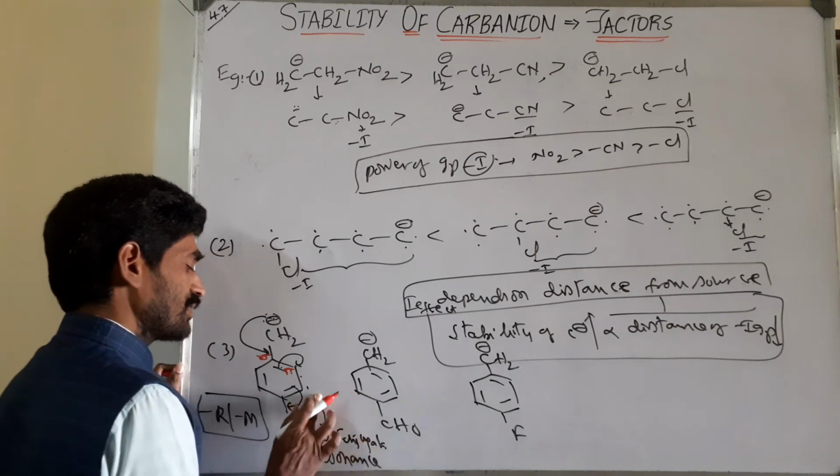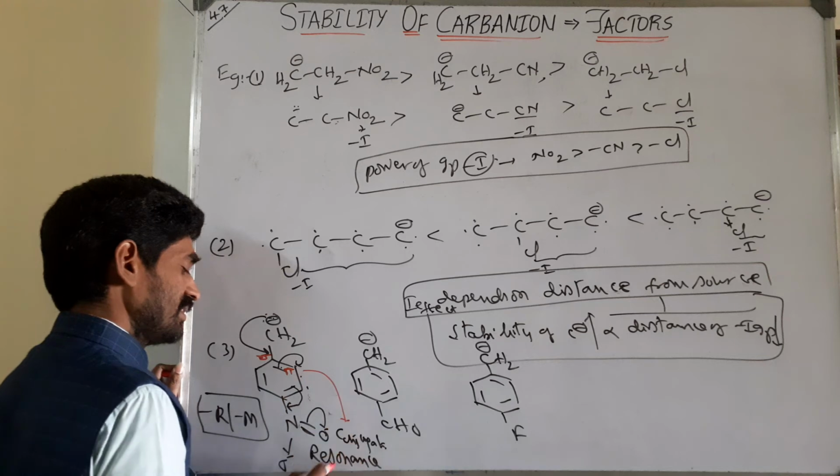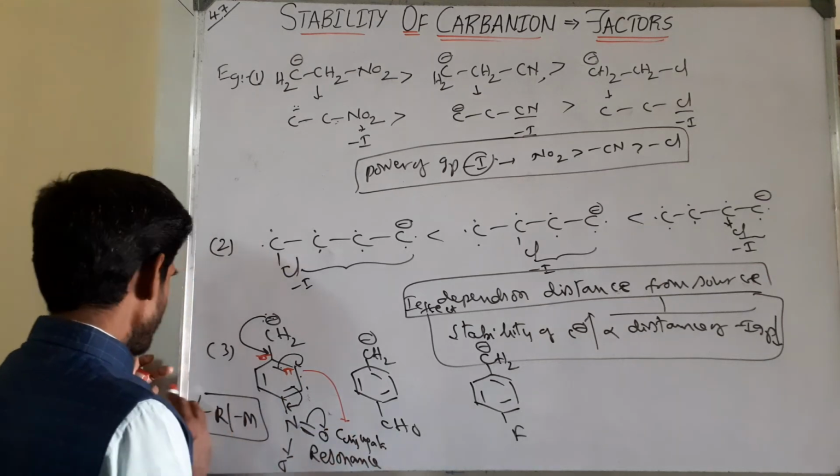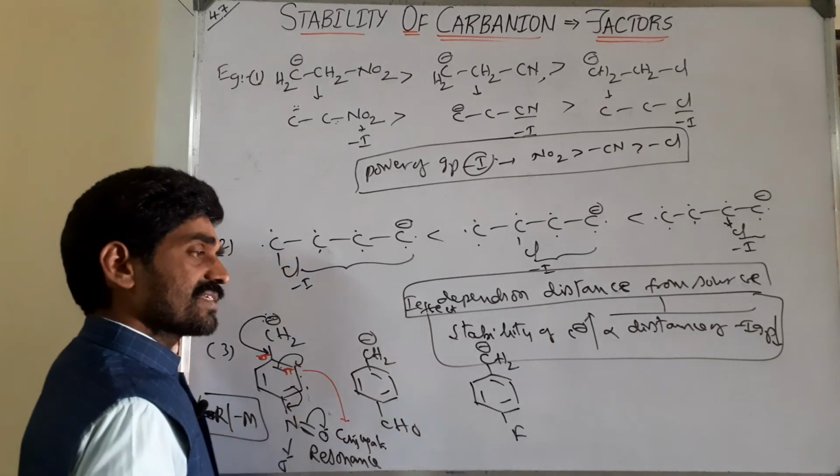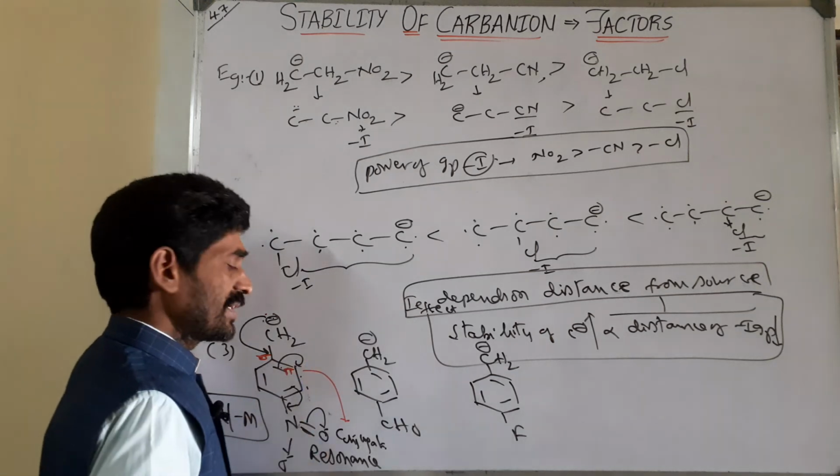Wherever conjugation is there, the resonance effect takes place, and NO2 is a minus I group. So charge dispersal is more, and it is easily stabilized.